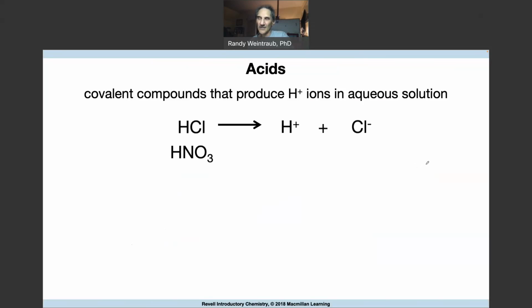If we dissolve HCl in water, the HCl dissociates into hydrogen ion and chloride ion, hydrochloric acid. If we dissolve nitric acid, HNO3, in water, it forms nitrate ion and hydrogen ion.